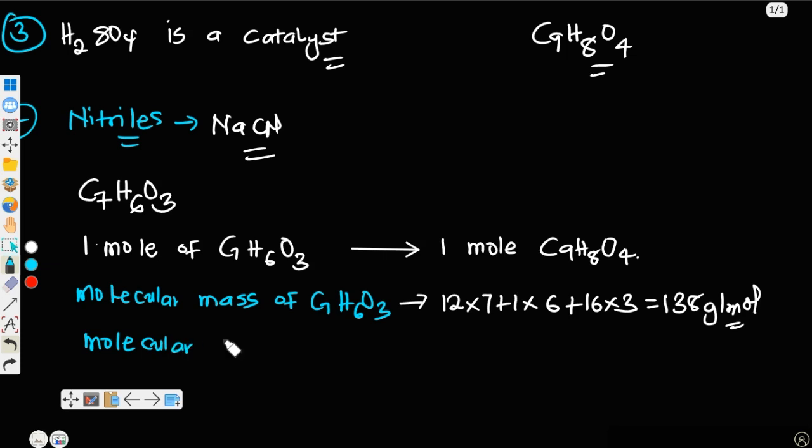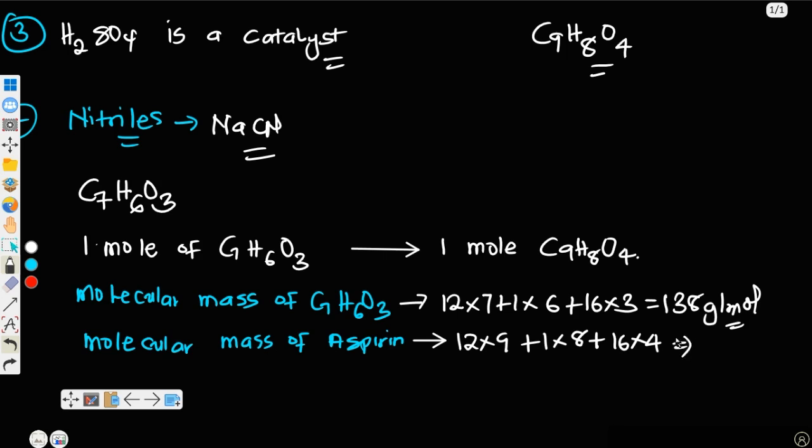So we have the molecular mass of aspirin. All right. What do you think is the molecular mass of aspirin? It will now be 12 times 9 plus 1 times 8 plus oxygen is 16 times 4.